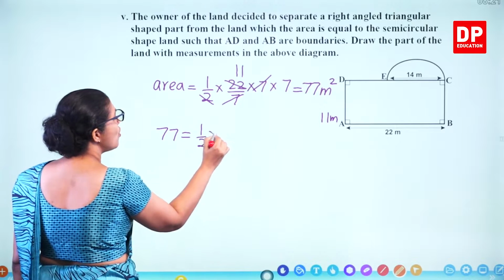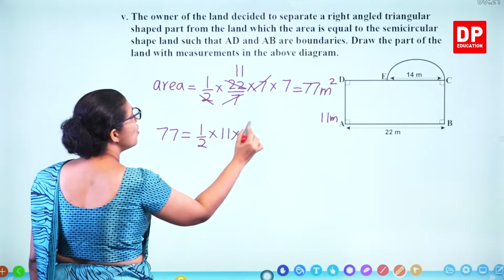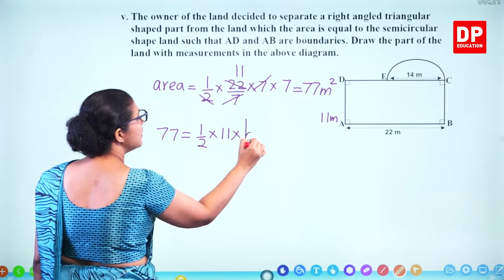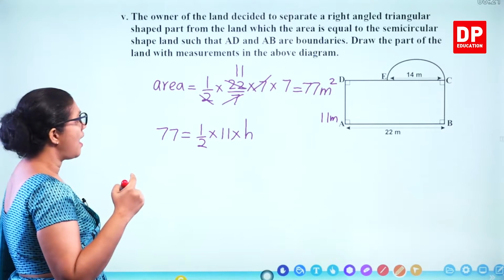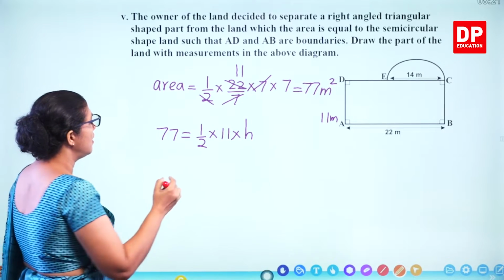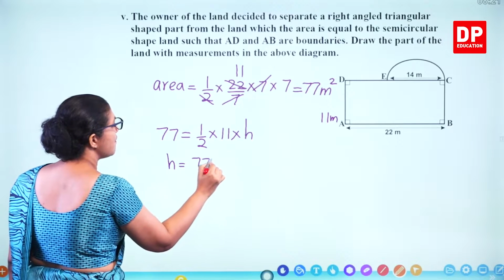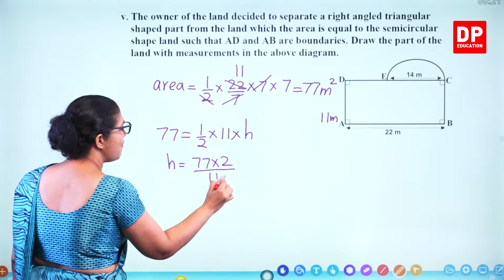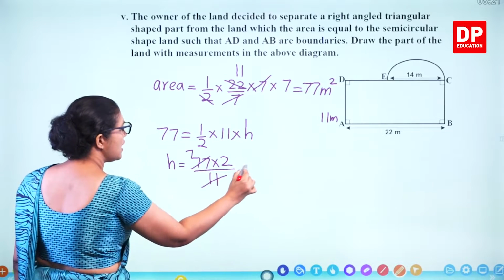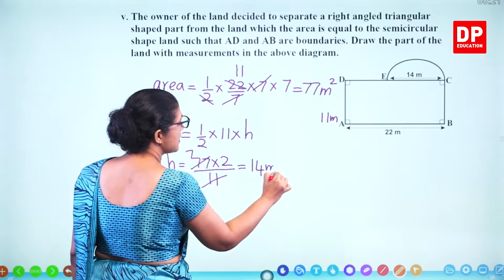Half into 11 into, we need the other side. If you say height, so what's the value? Height becomes 77 times 2 divided by 11, 14 meters.